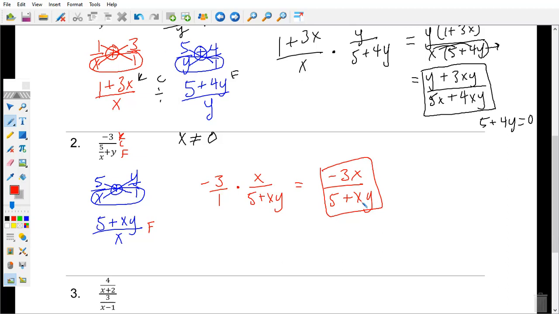There would be only very specific times. If you just have to know that x times y cannot equal -5.